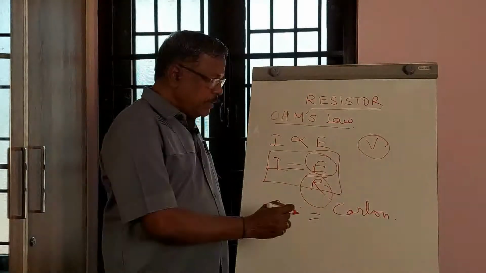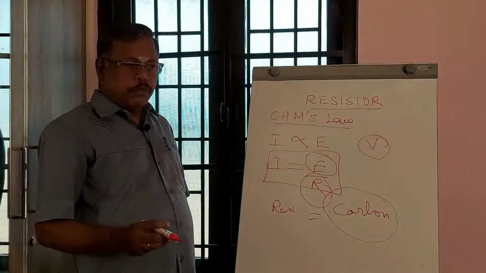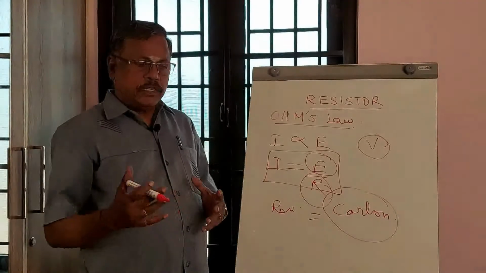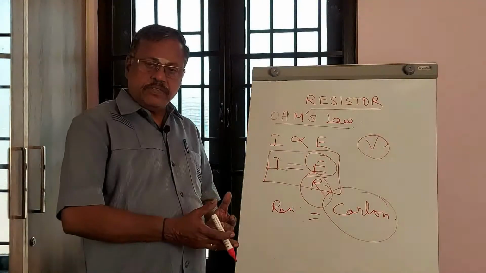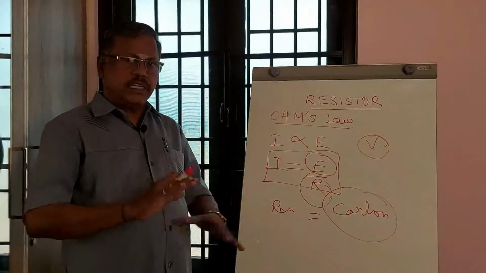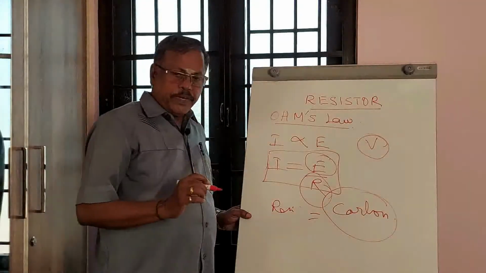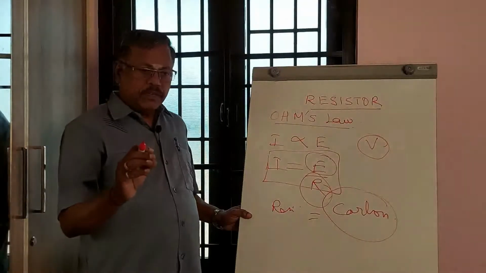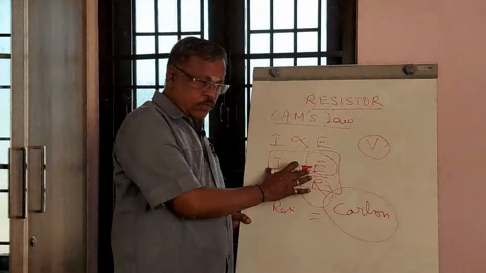This is done by properly packing carbon granules within it. By increasing the number of granules or their size, we can change the wattage of the resistor or its resistance. The manufacturer takes care of all these things. To find out how much current it can limit and how much power it can dissipate, all of this is governed by Ohm's law only.